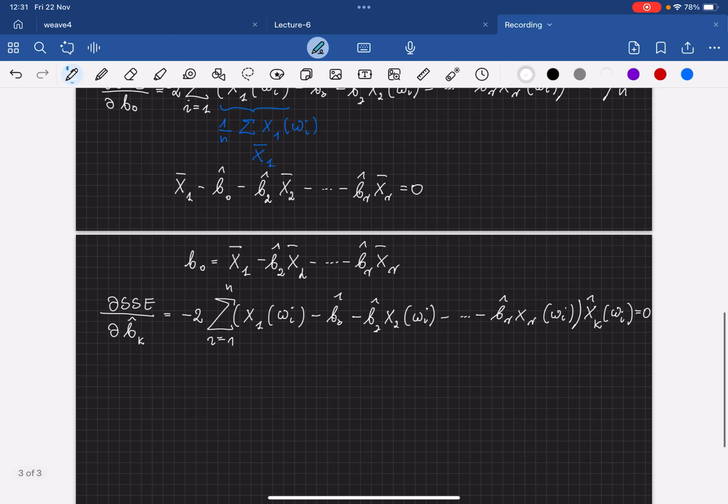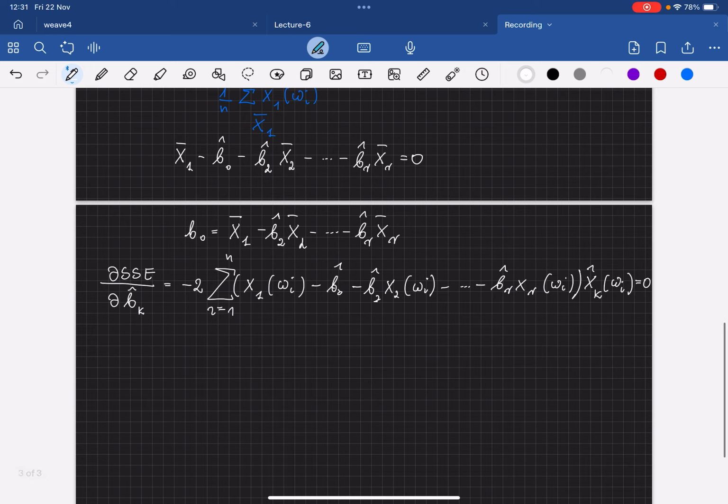do the summation, and as a result I get 0 equals an average of x1 xk.